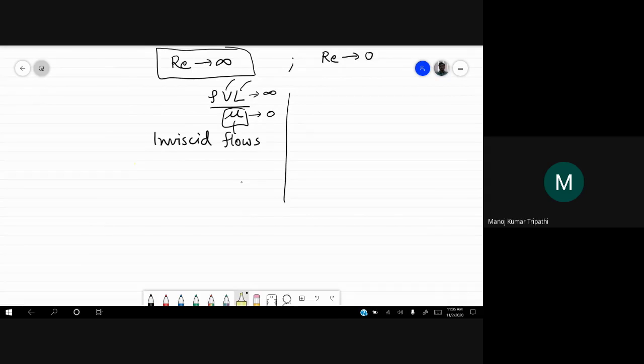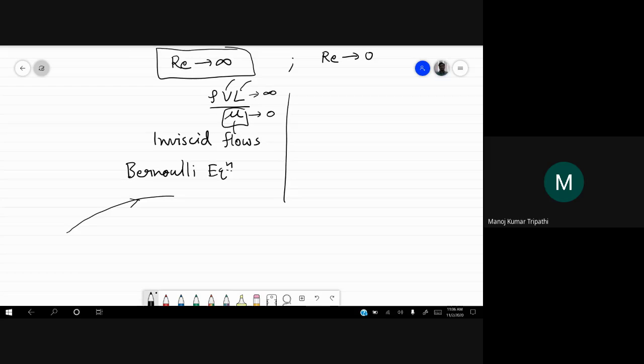And we derived the Bernoulli equation. This came out after we substituted viscous stresses to be zero, and we wrote the Navier-Stokes equations along a streamline.